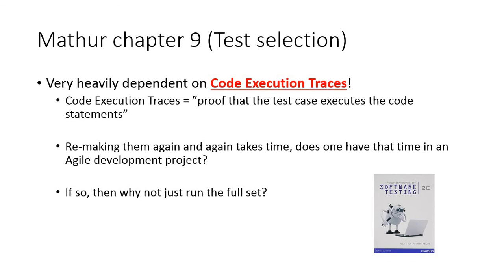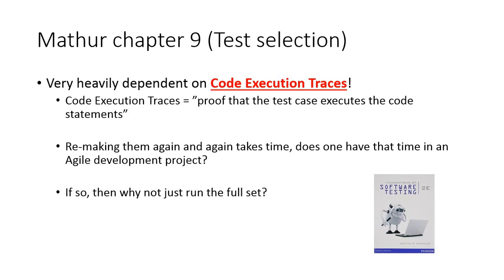And also, if we consider this research and chapter 9 of the book, which is addressing the same thing, I think that Mathur is focusing his solution very heavily on code trace executions, where he traces the code when the test case is run to see whether this test case touches this code or not. And I think that kind of approach is not really feasible because it takes a lot of time.